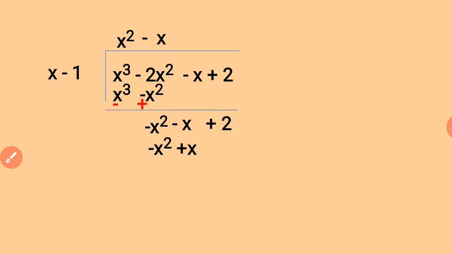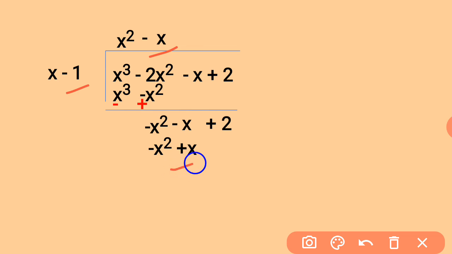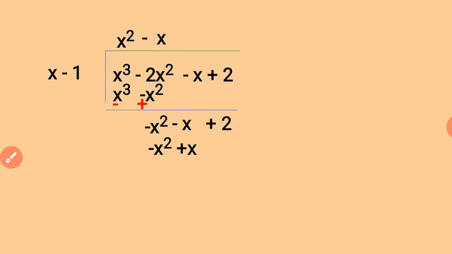Then I will multiply minus x with minus 1. So I get it as plus x. This is how we proceed. The next step, change of sign, then do the subtraction. We get it as minus 2x plus 2.